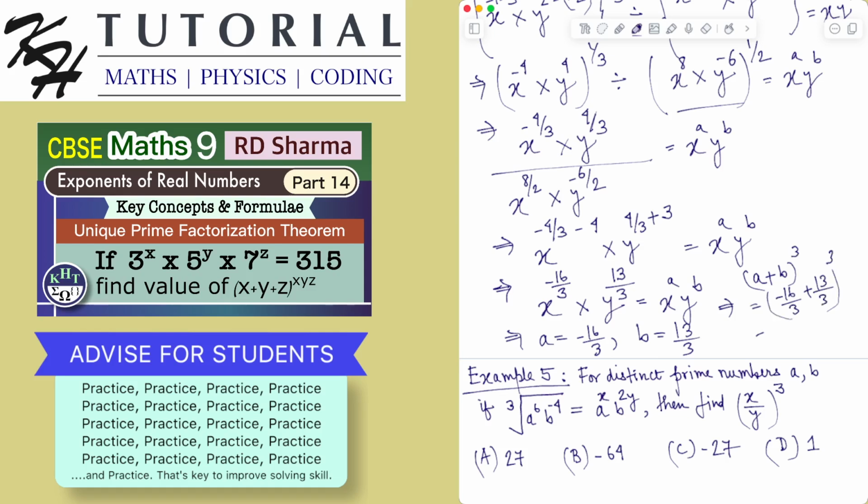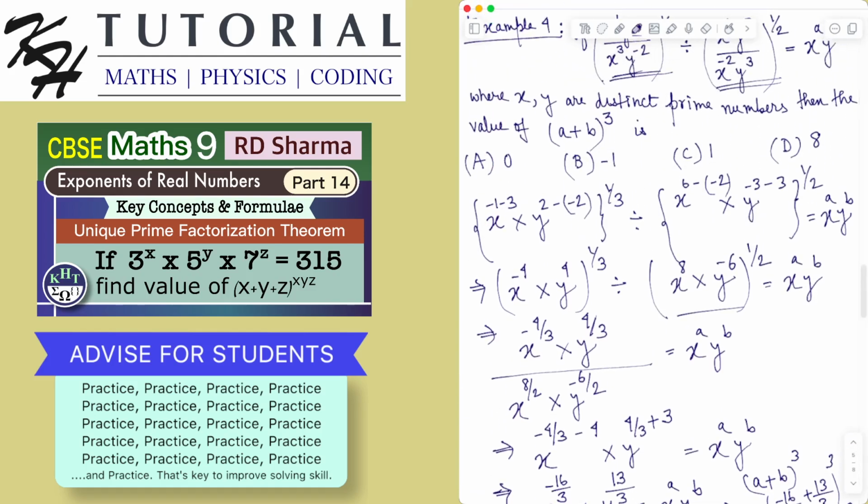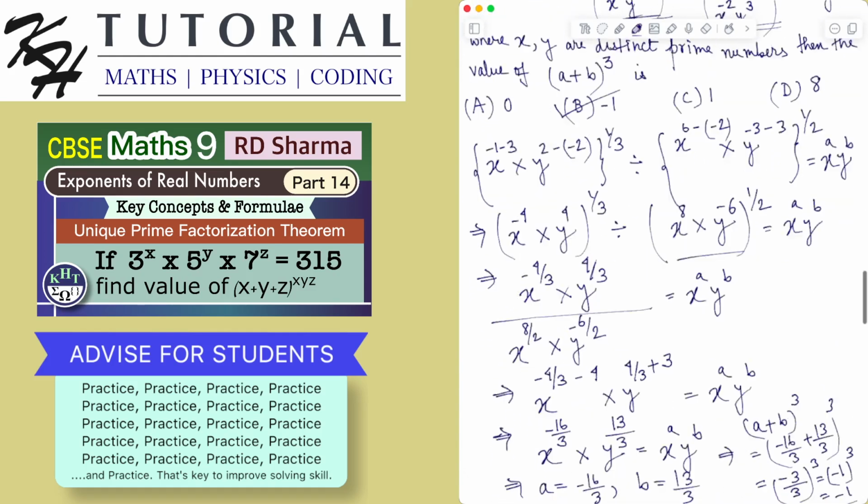Minus 16 by 3 plus 13 by 3 is minus 3 by 3 whole cube. This is minus 1 whole cube and this is equal to minus 1. So a plus b whole cube will be equal to minus 1. So the correct choice is B. Let's see the next problem.